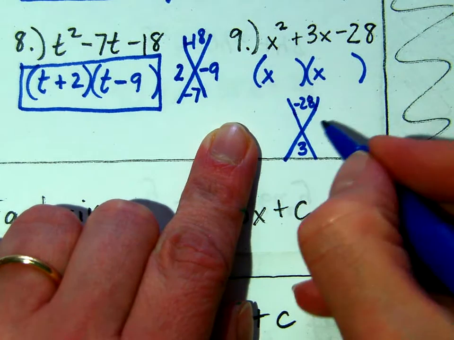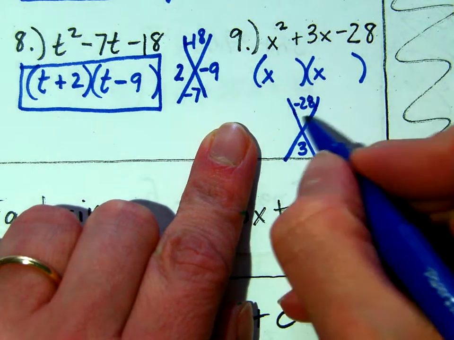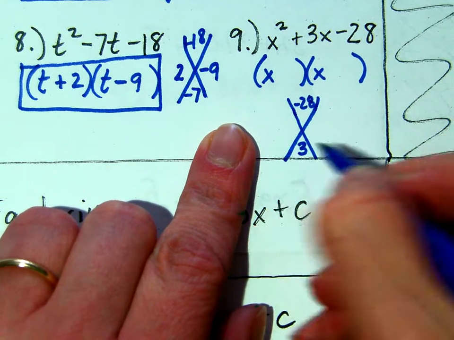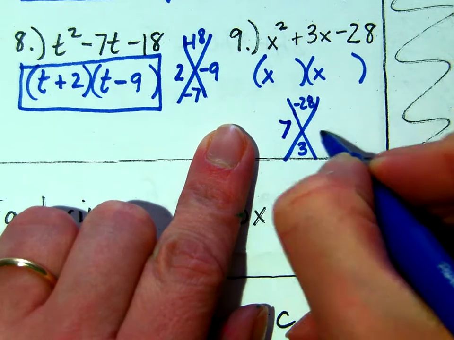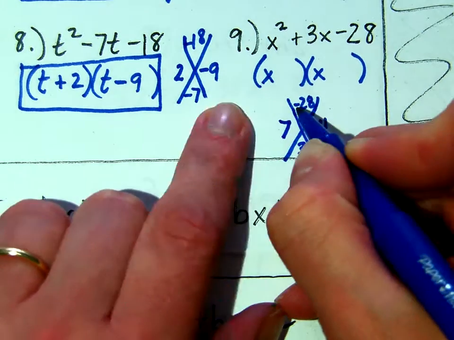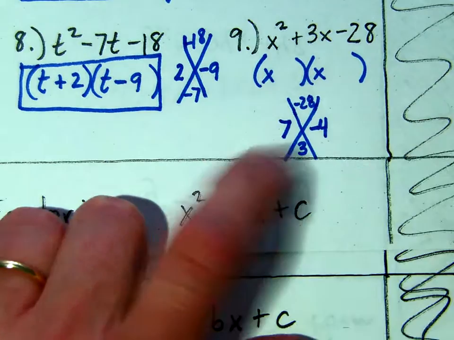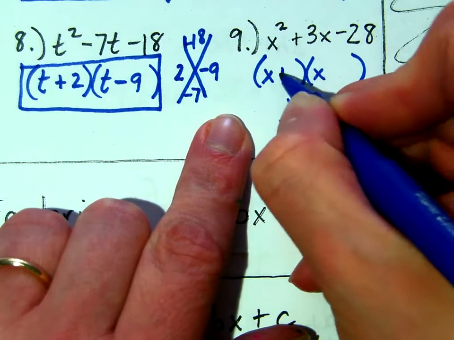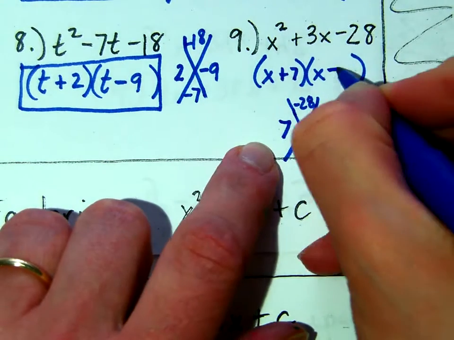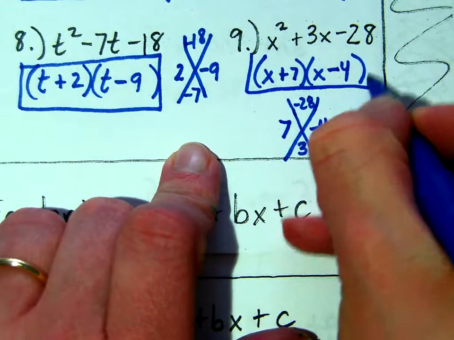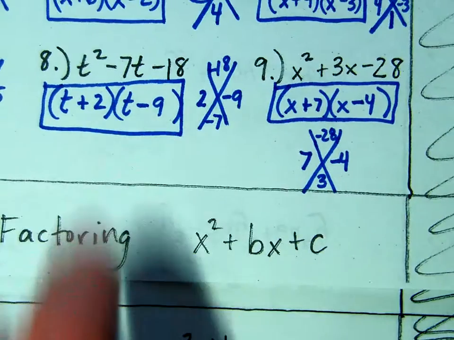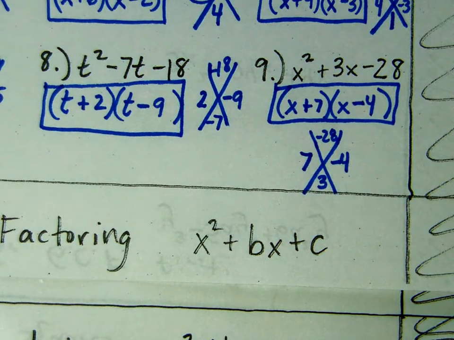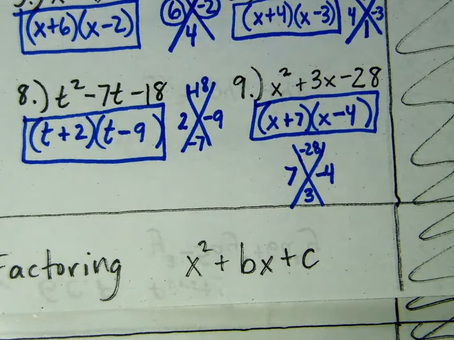That's not it. There's also 4 and 7. So to get negative 28 and positive 3, we'd have to have a positive 7 and a negative 4. Multiplies to make negative 28, adds to make 3. So x plus 7 for your positive 7, and x minus 4. And those are the answers that use kind of a shortcut for these types of trinomials.